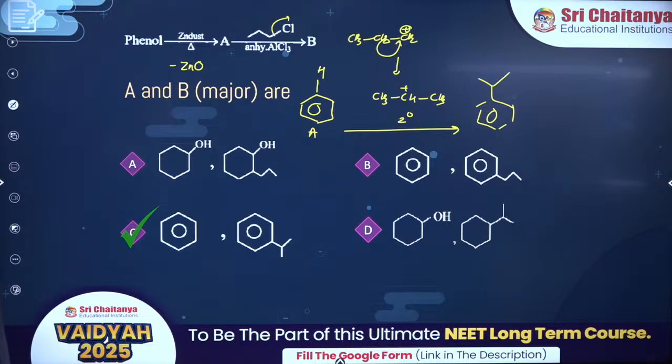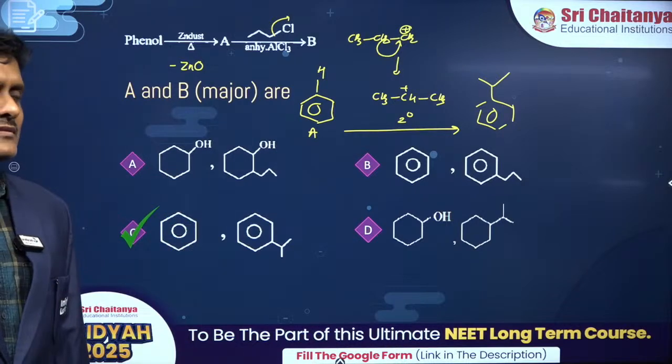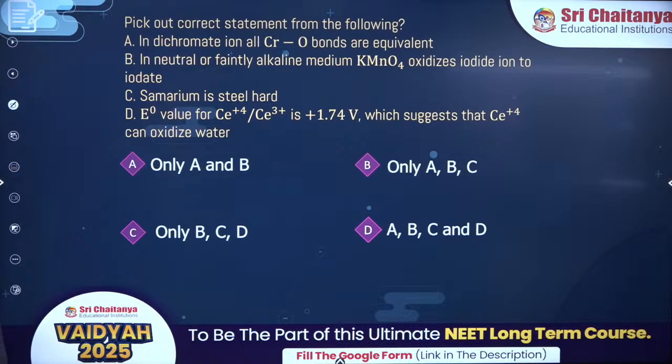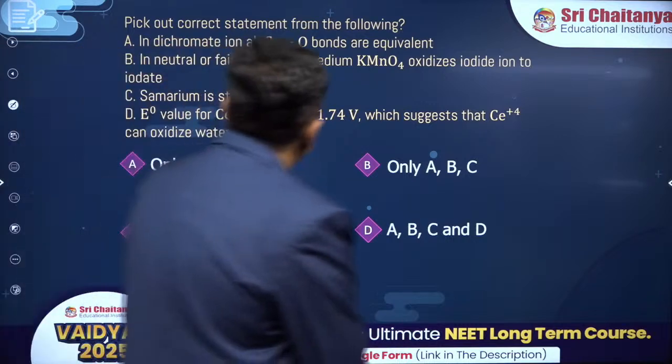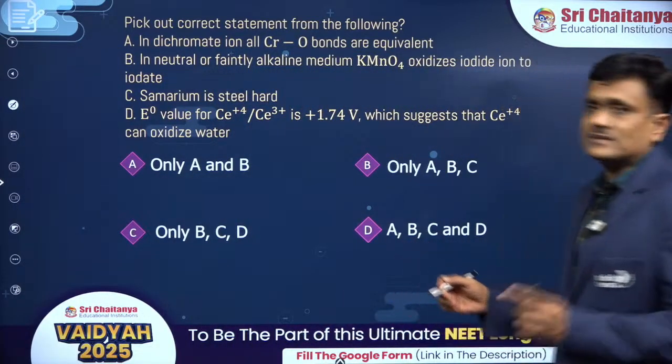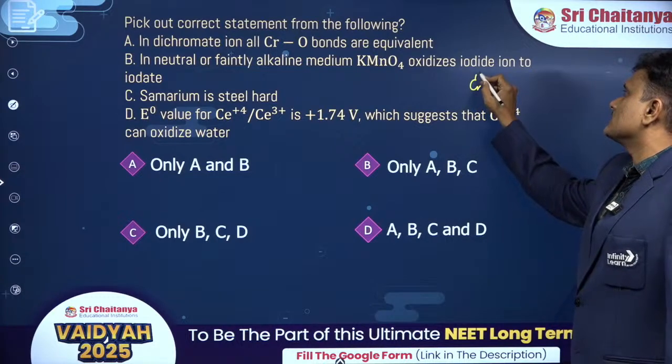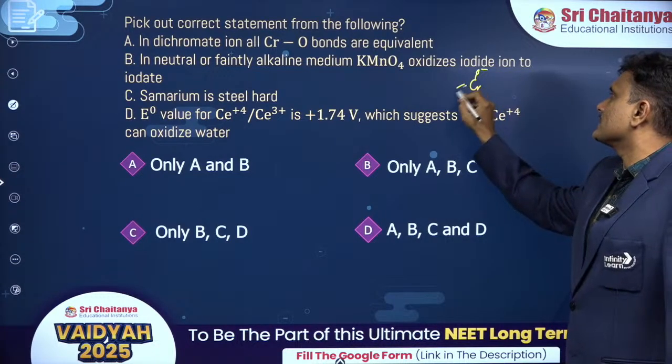2023 PYQ. It looks like you are thoroughly following up the PYQs. Pretty sure that you will rock. You can see the next question is again statement based. Have some patience. Dichromate structures are equivalent, and you have to pick the correct statement. Dichromate structure, Cr2O7 2-.